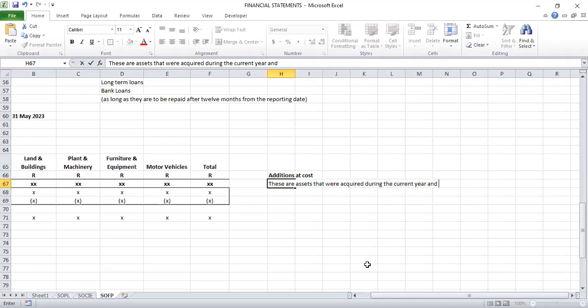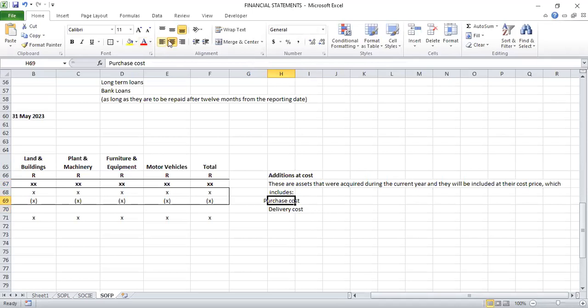And they will be included at their cost price, which includes purchase or construction cost, because we might even construct our own building.